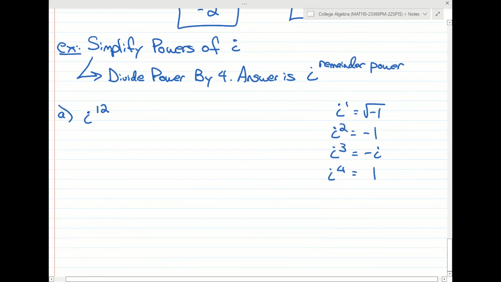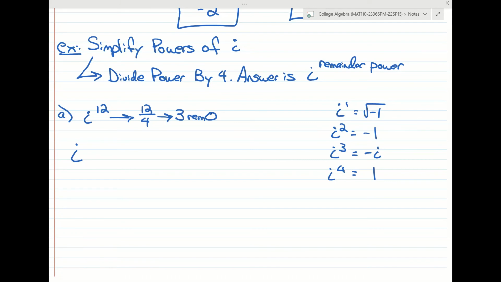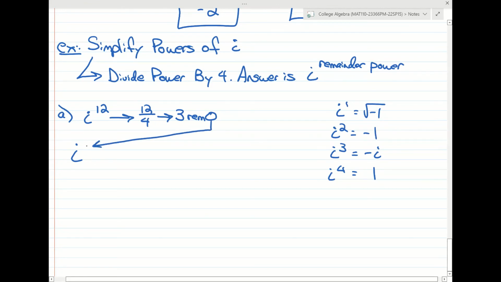So what we could do to do this is we do 12 divided by 4, which is 3 with a remainder of 0. 4 goes into 12 3 times, there's nothing left over. That remainder is going to be our answer power. Anything to the 0 power is just 1.